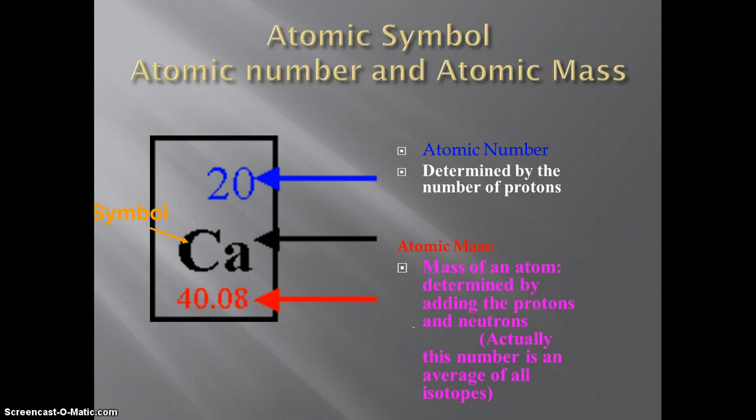Electrons are added on, but the weight of electrons is so tiny and negligible that we don't even bother writing it in. This number is actually an average of all the calcium isotopes that are found. Isotopes, which we'll talk about later, are atoms with different numbers of neutrons but the same number of protons.